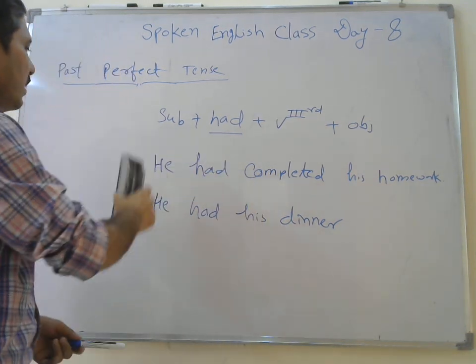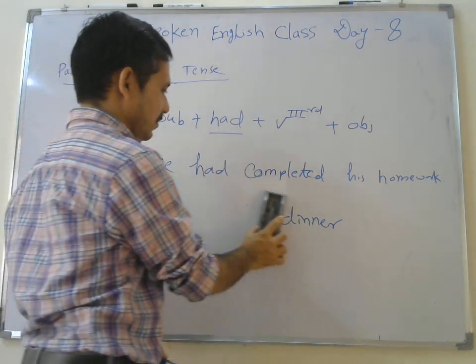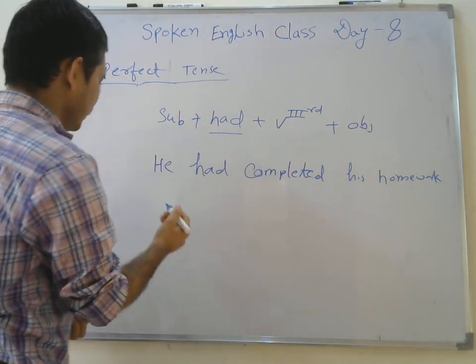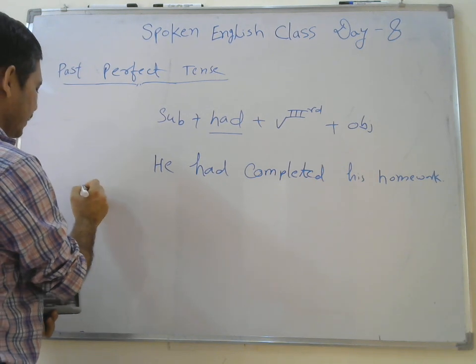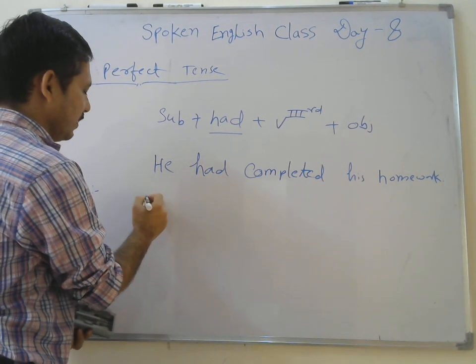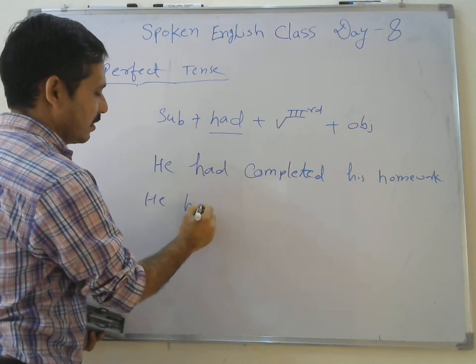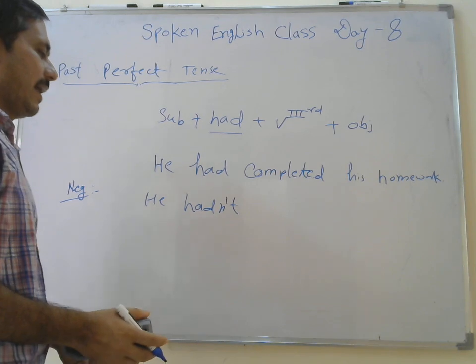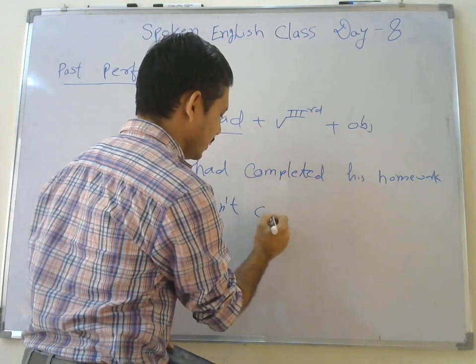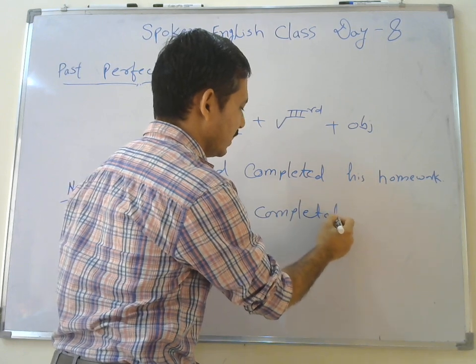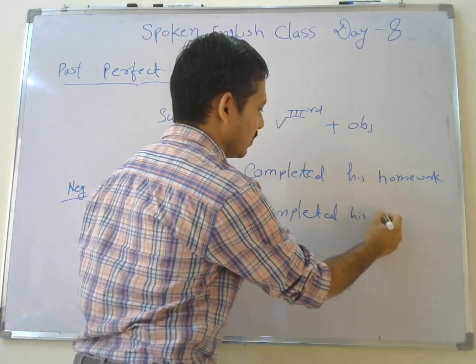And here we have seen the negative as well as interrogative sentences, right? In the negative, simply he had not, he hadn't completed his homework. There is no change in the verb here.